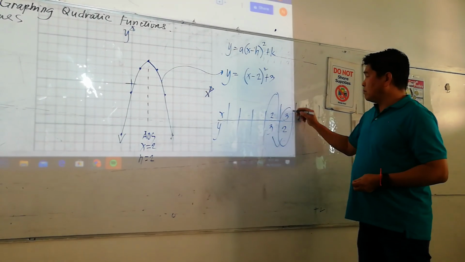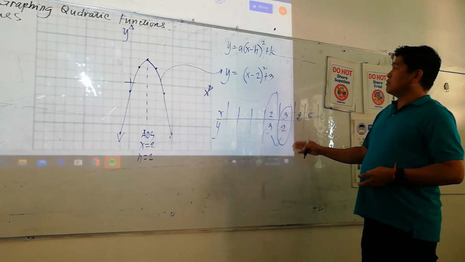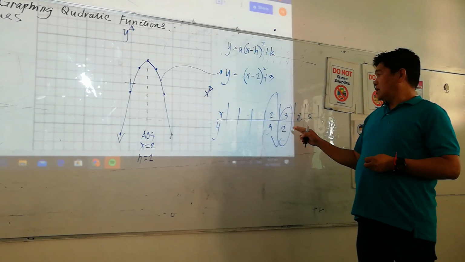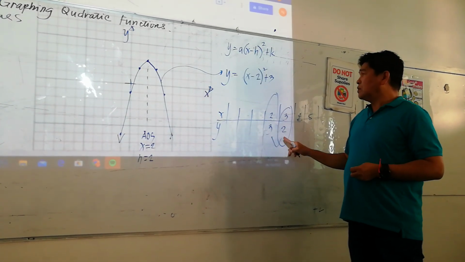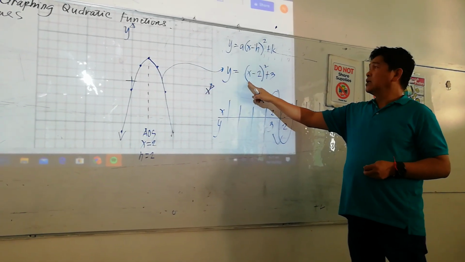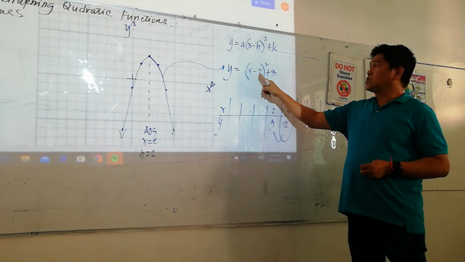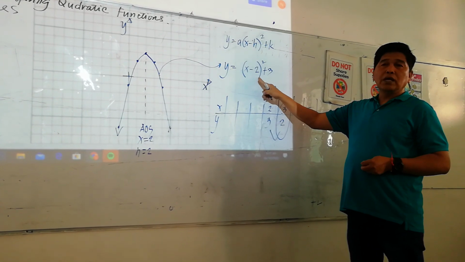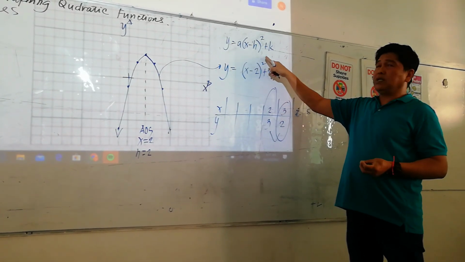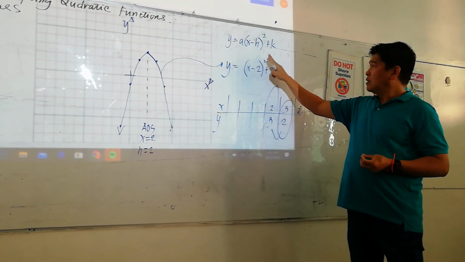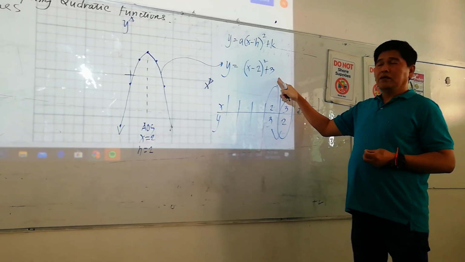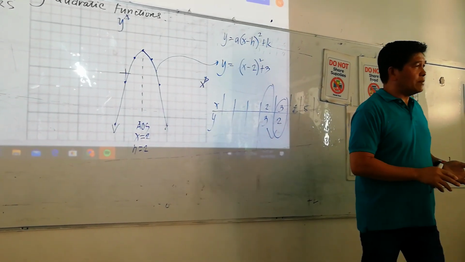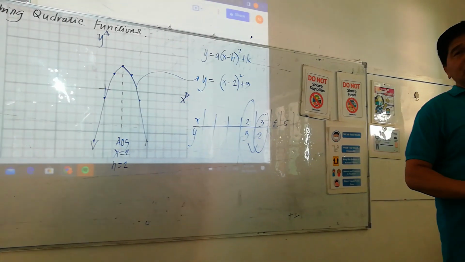Now, if we are going to evaluate this in our equation, x equal to 3: 3 minus 2, equal to 1. 1 squared, 1. 1 plus 3, 4. What's wrong with our problem now? What's wrong with our table of values?